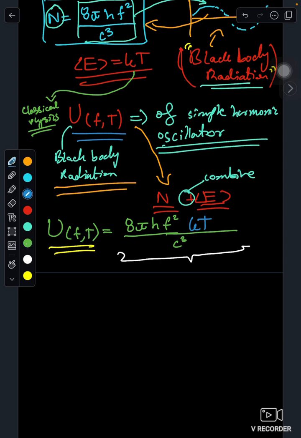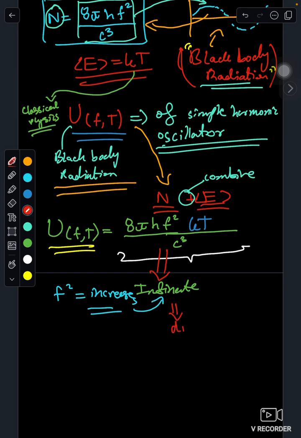If we study this equation, 8 pi h frequency squared kT over c cubed, we see the energy becomes infinite when our frequency f squared increases. This is a disaster because infinite is not possible.